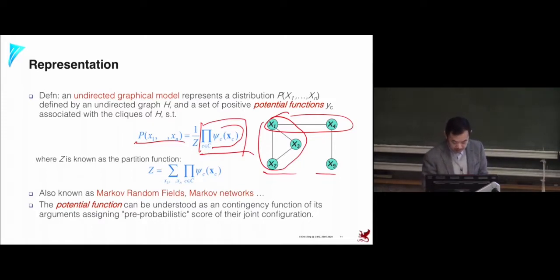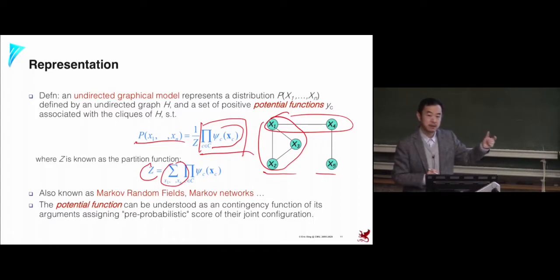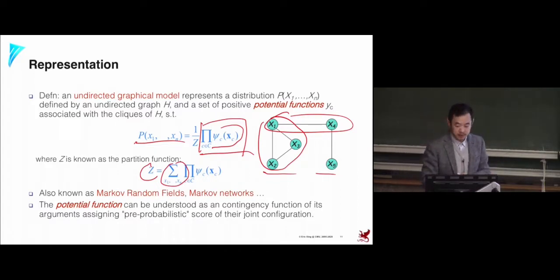Therefore, you define what is known as the partition function, which is forcing what I just claimed to be true. Okay? You can see this is a huge sum over all possible configurations of all random variables that you care about, in this case, 5 of them. And it is a sum because it is discrete. You can enumerate all configurations. If it is not, then you need to have a nested chain of integrations.